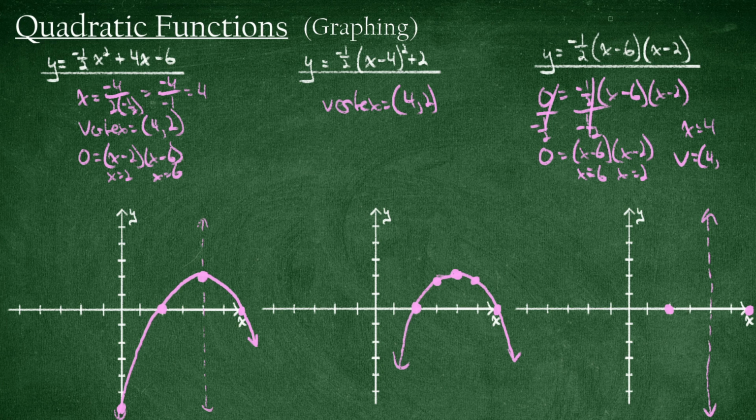Negative 1/2 times 4 minus 6, or negative 2, and then 4 minus 2 is positive 2. So negative 2 times 2 is negative 4, and then negative 4 times negative 1/2 is positive 2. So we know the vertex is at 4, positive 2. So 4 and then up 2. And there we go. We only have 3 points, but that's okay.